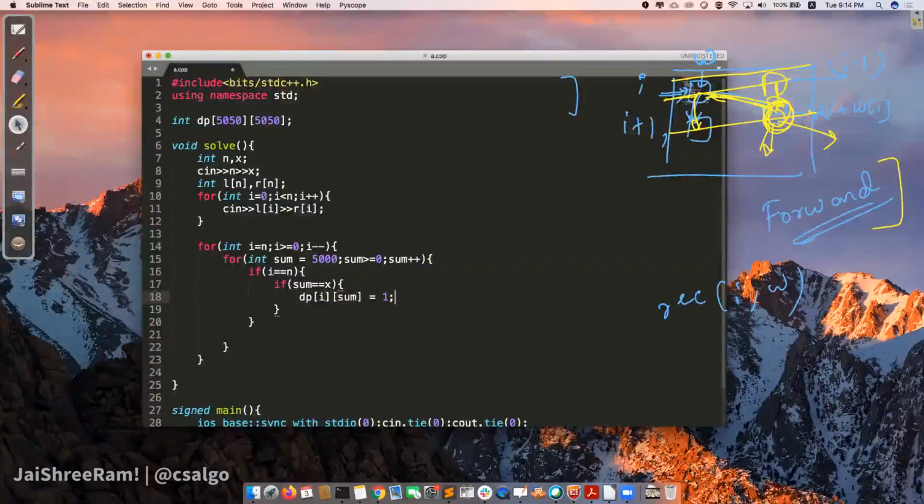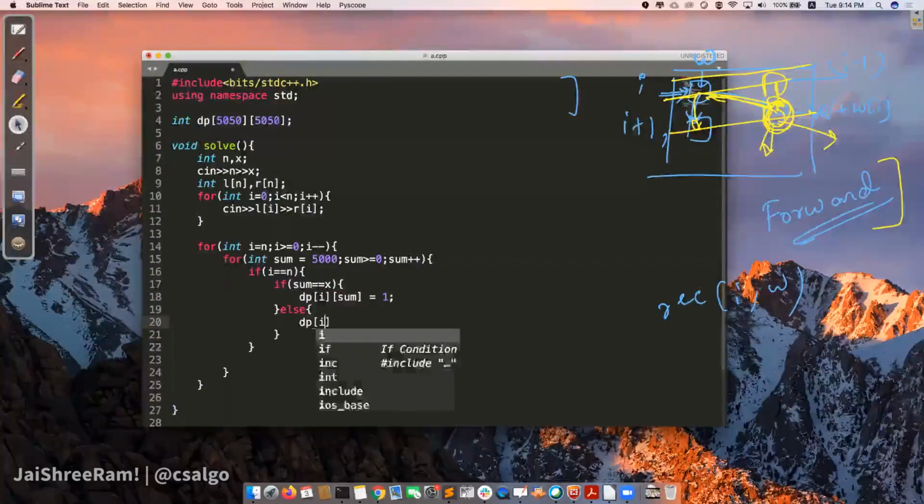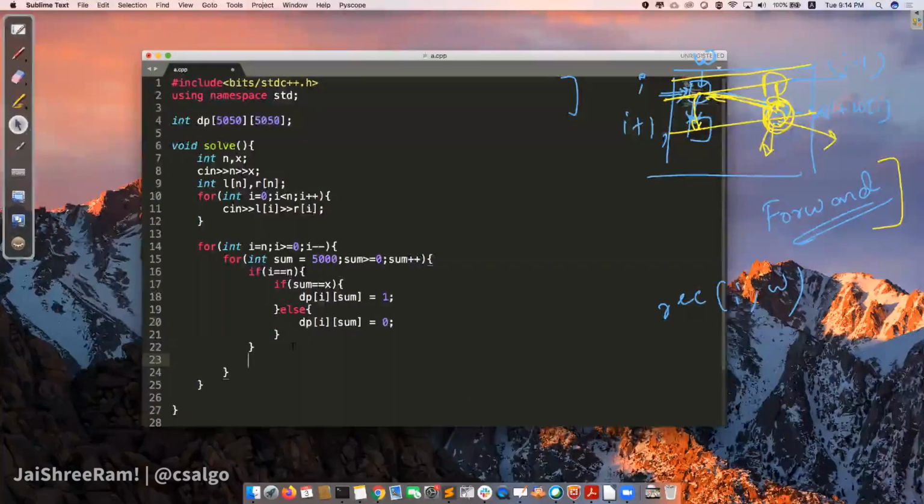There is one way in which I can form sum x. Or else my DP of i comma sum is equal to 0. There is no way further that I can make the sum equal to x, right? This is some sort of base case. Remember this quick rule that in counting problems, generally the base cases are 0 or 1. In min max problems, it's the opposite one, like minus infinity, plus infinity and so on.